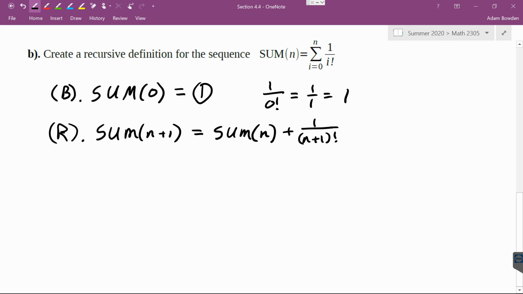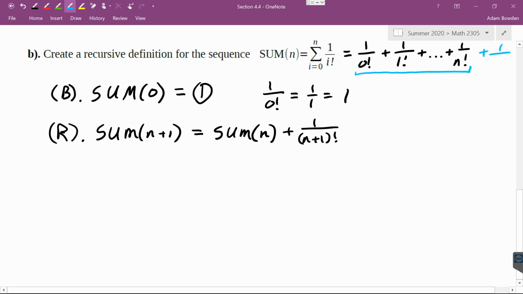Since that's how our summation works up above, it goes 1 over 0 factorial plus 1 over 1 factorial plus ... 1 over n factorial. So if I want to go all the way up to here, that's taking the first n and adding them together. And then if I want to add another one to that, I could go plus 1 over n plus 1 factorial to that, to everything that's been calculated before.